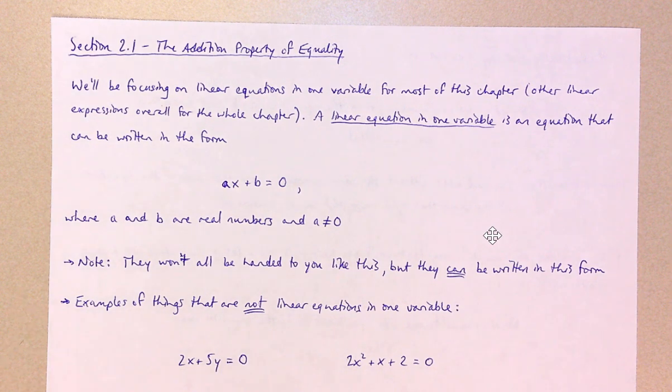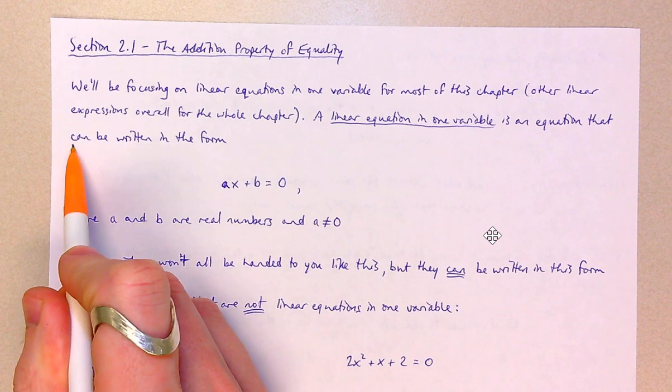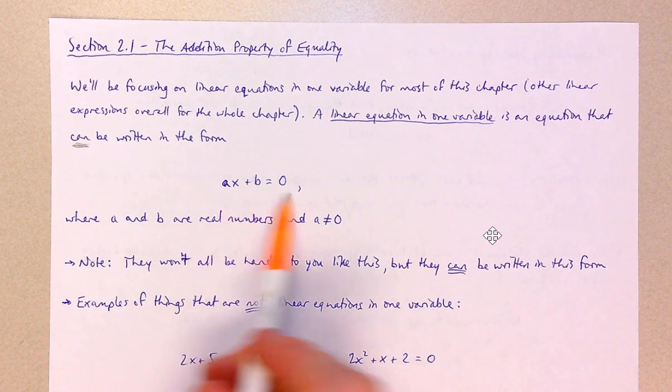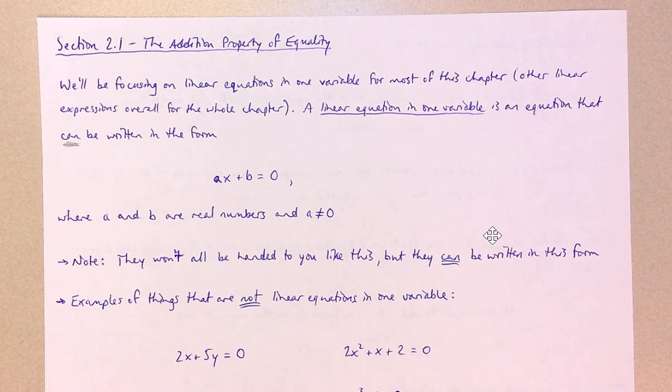And I specify the word can here. It can be written in that form. They won't always be handed to you in this form right here, but with a little bit of moving of some terms, you can turn it into something of that form.